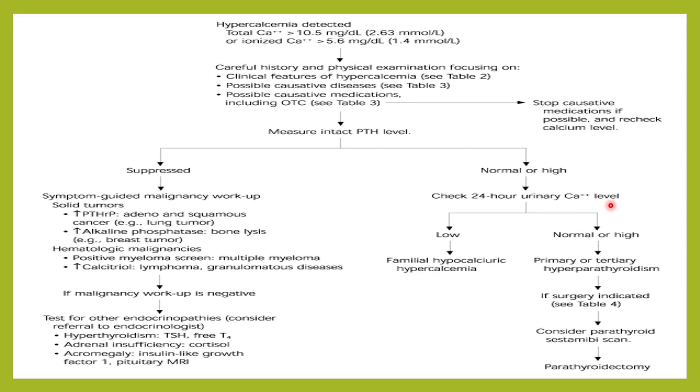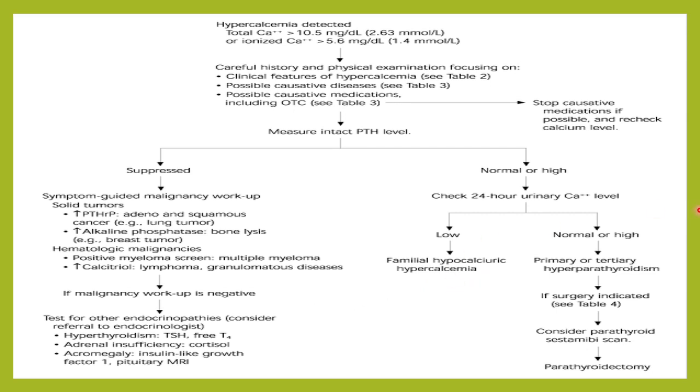Suppose the parathormone level comes as normal or high, what are we going to do next? We are going to check his 24-hour urinary calcium. Suppose when we do the 24-hour urinary calcium, the patient's calcium level in the blood is high but the urine calcium is very low. That suggests it could be a case of familial hypocalciuric hypercalcemia.